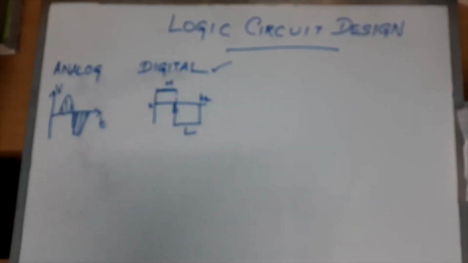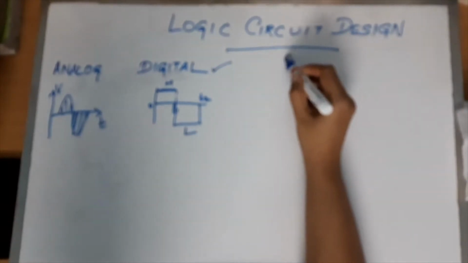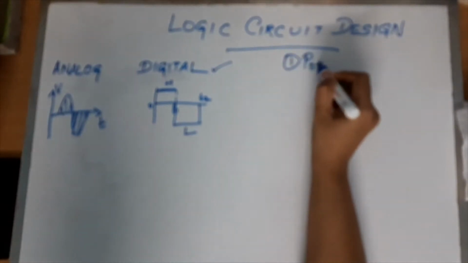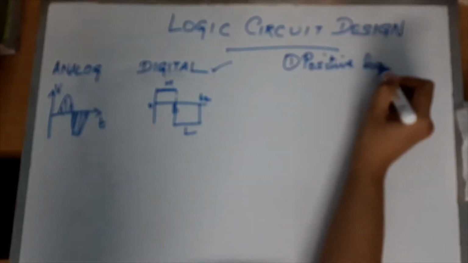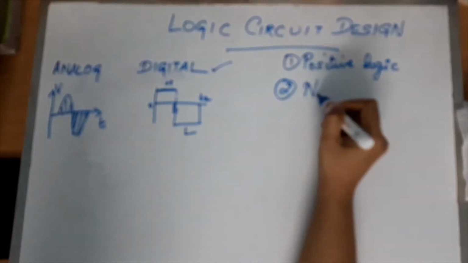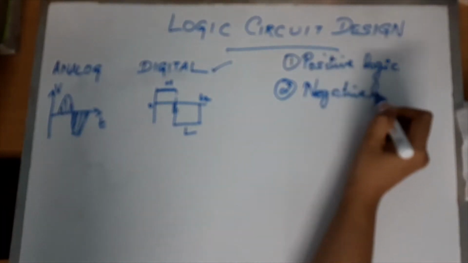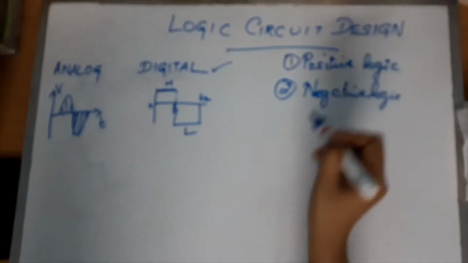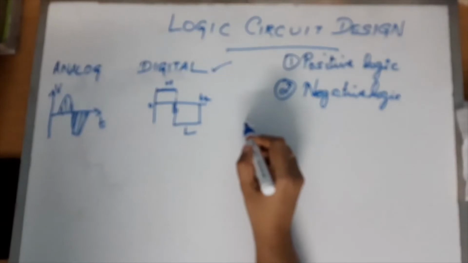So when we talk about zeros and ones, we need to know about two types of logic. One is positive logic and another is negative logic. So what is positive logic?